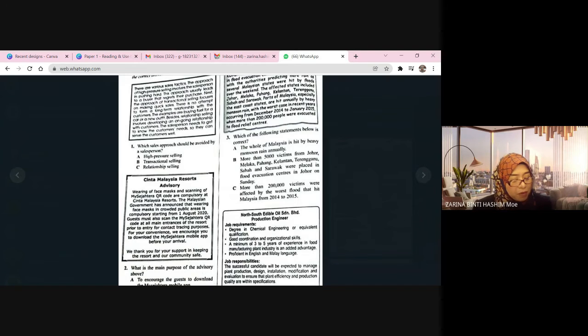The examples are buying fuel for a car or a new outfit. That means if you want to buy fuel for a car or you want to buy a new dress and so on, you are considered as transactional selling.